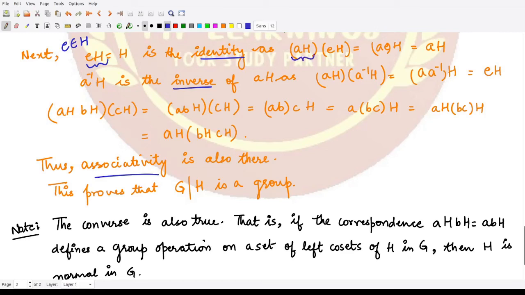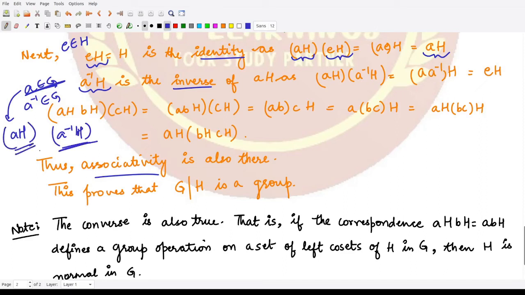Because if you take some coset and compose or multiply it with EH, you would get back AH. Moreover, if you take any element A from G, A inverse would surely be there, and if you construct the coset A inverse H, this coset would serve as the inverse of the coset AH.